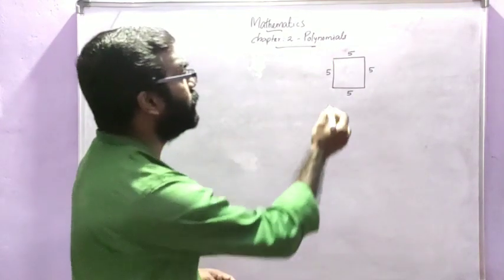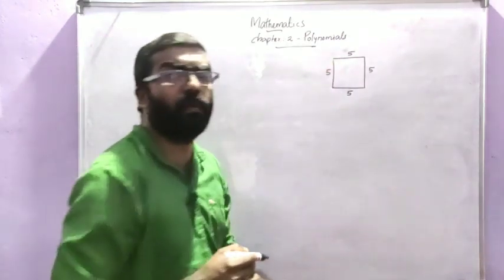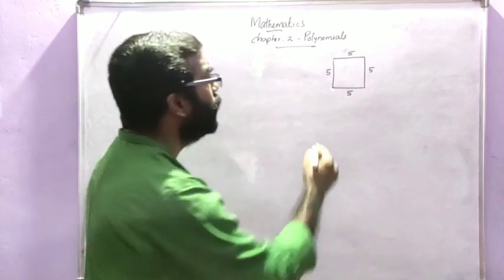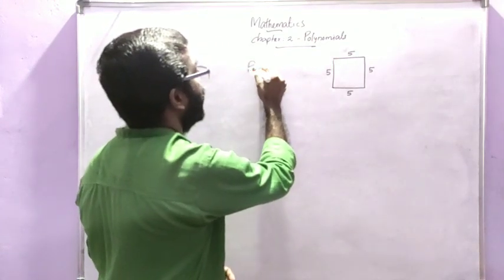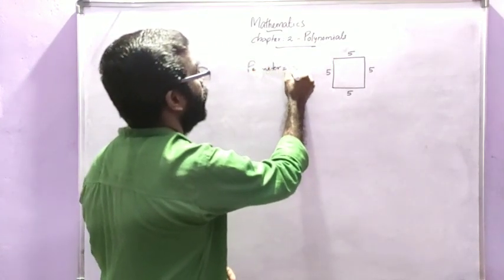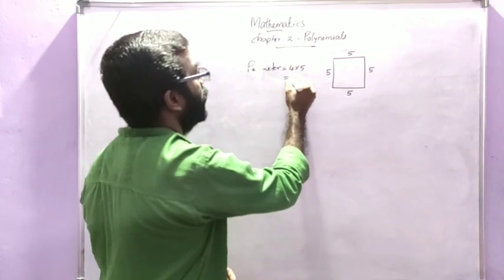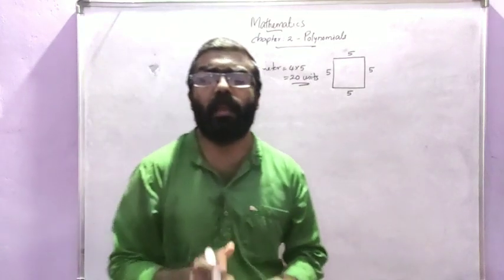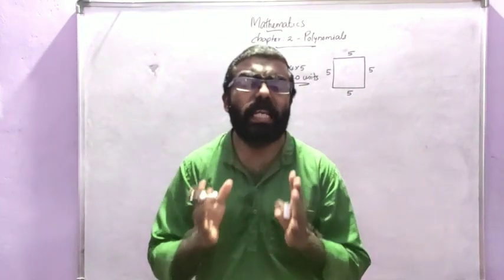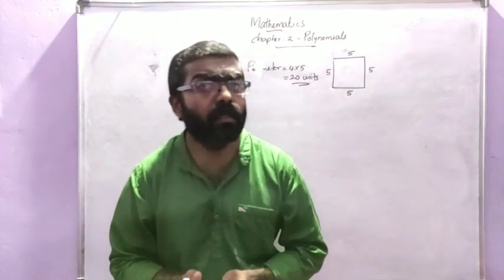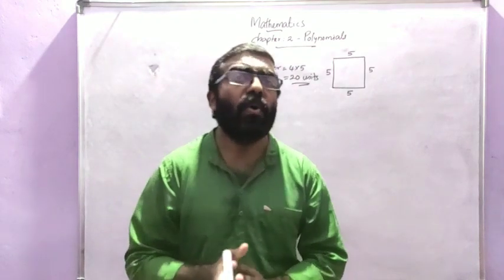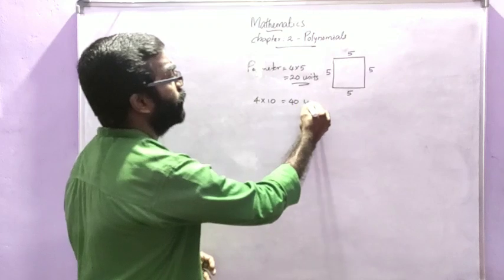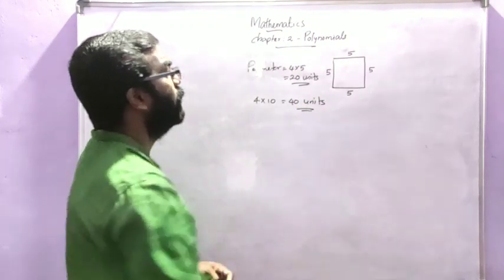Here each side is of length 5 units and so its perimeter is 4 into 5, which is equal to 20 units. What will be the perimeter if each side of the square is 10 units? The perimeter is 4 into 10, which is equal to 40 units.